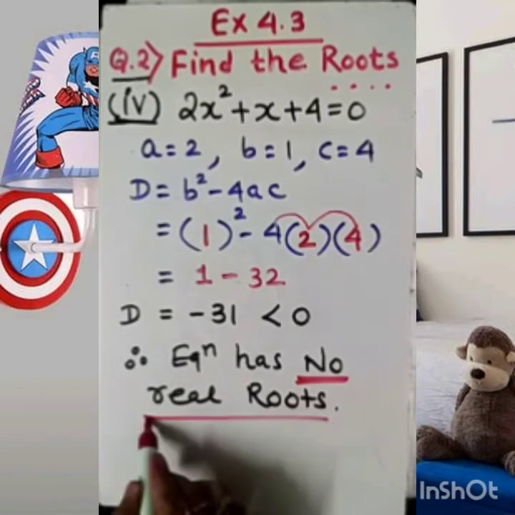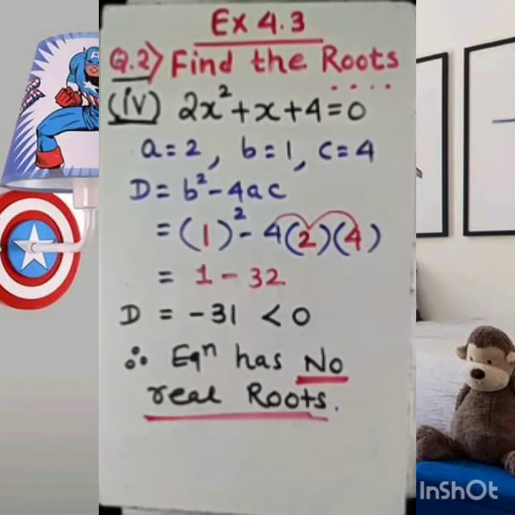There will be a difference in the statement, otherwise you will find both sentences similar. No roots indicates not at all, and no real roots indicates real is not possible, but some other, that is imaginary roots, can be possible. I hope the concept based on question number 2, quadratic equation application, is clear to you.